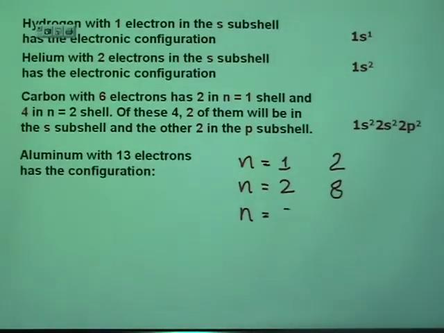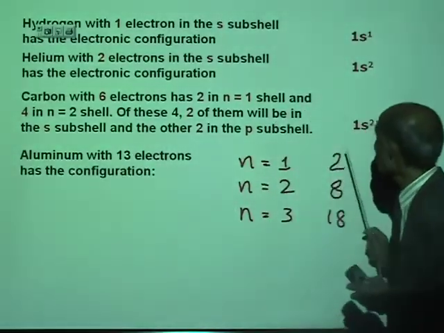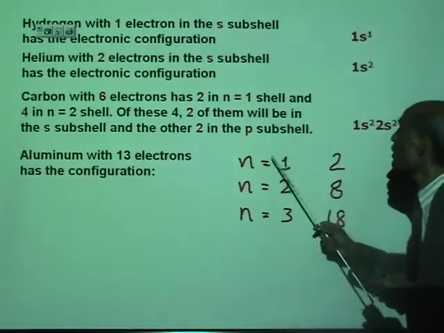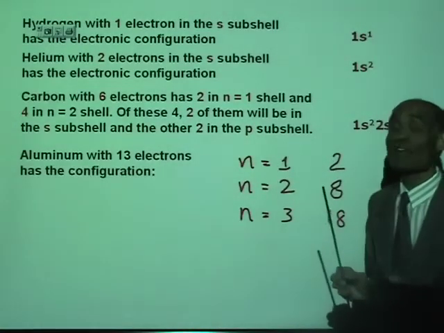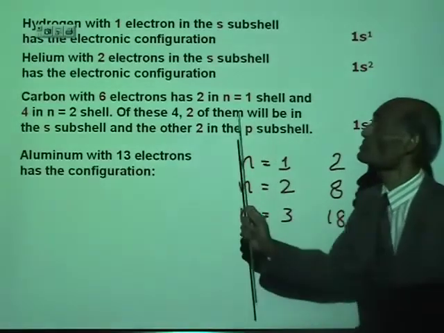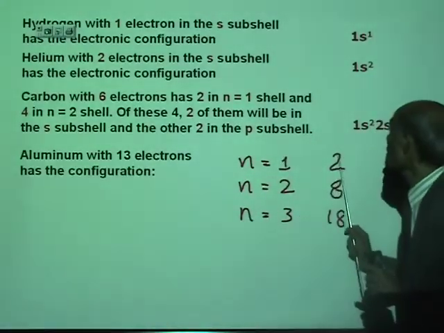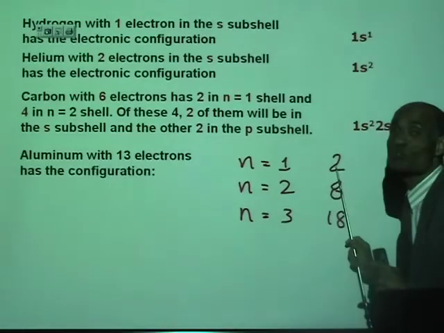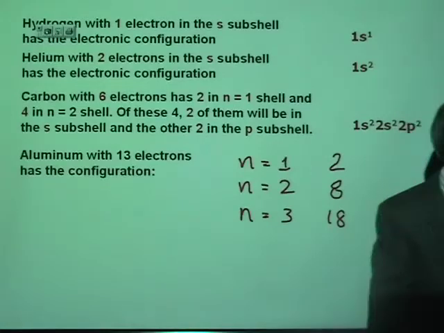And n equal to 3 can contain a maximum of 18. So, when you have aluminum with 13 electrons, you're going to put 2 electrons at n equal to 1, and which subshell is that going to be? n equal to 1 has only one subshell.